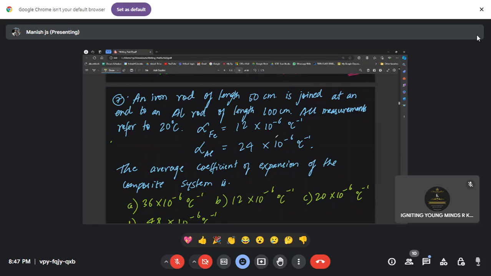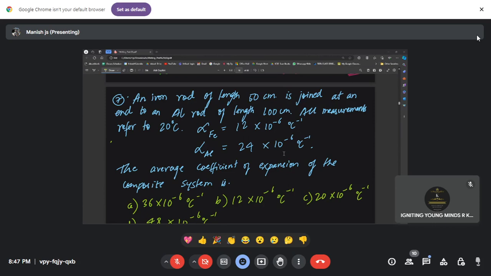So they've given you the temperature, and the linear expansion of both of them is given. The question is what's the average coefficient of expansion of the entire system when both are joined end to end? That is the question.